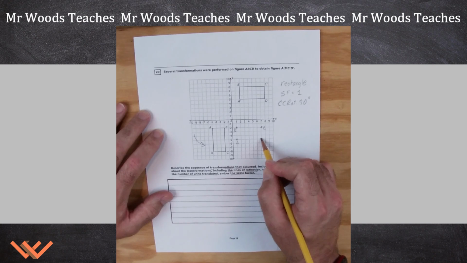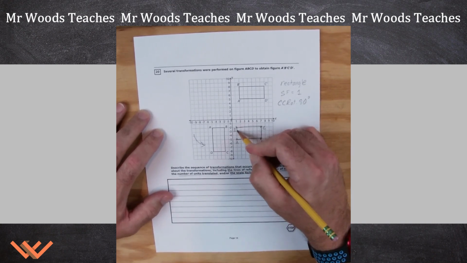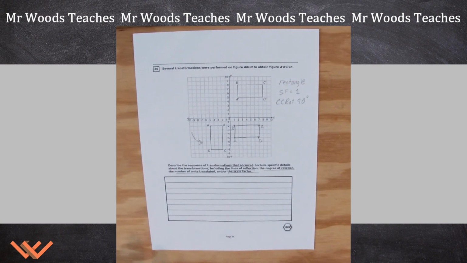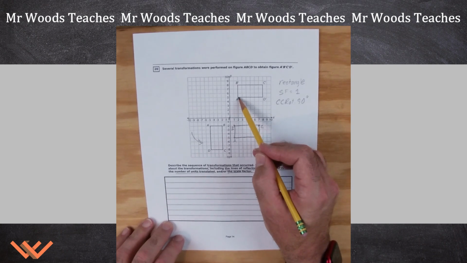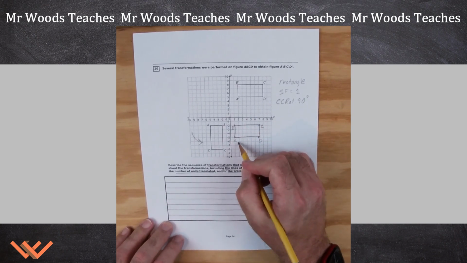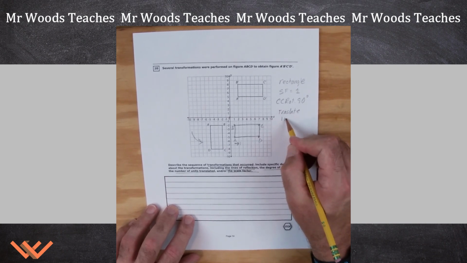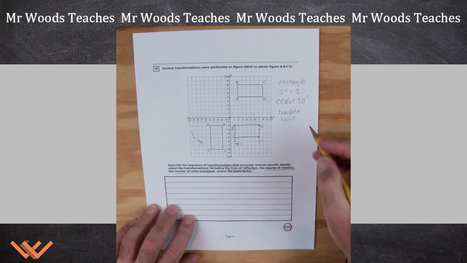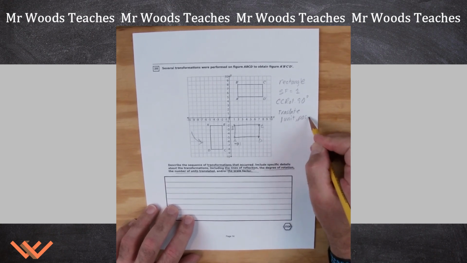That's C and D. It's getting closer. Let's see here. So my A is here, but the A prime is there, so I have to go over 1. I'm going to translate 1 unit in the positive direction, so that'd be +1.